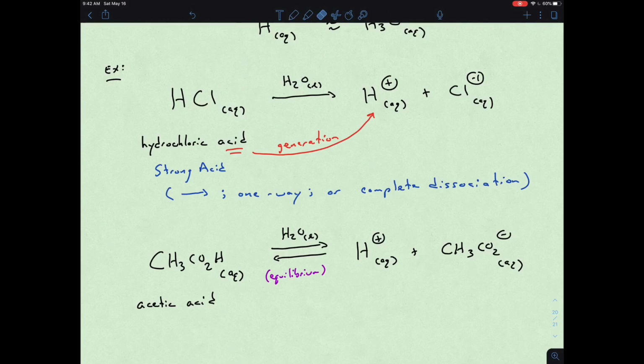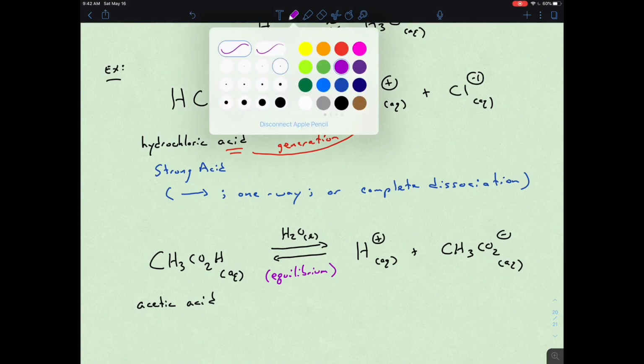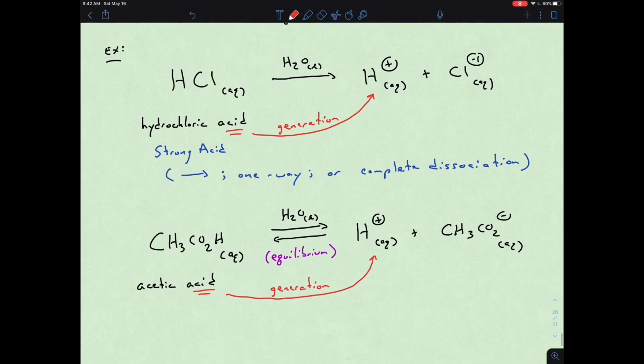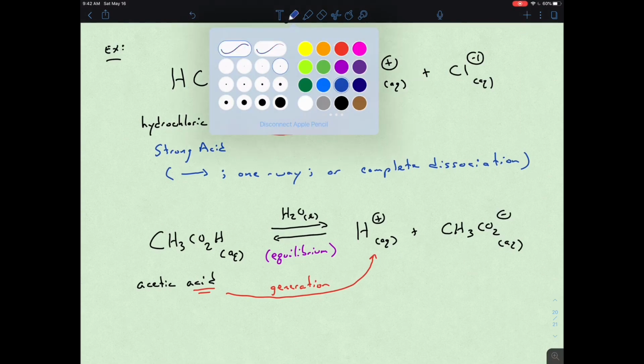It's a bit early yet for us to be getting into equilibria, but here's at least a brief introduction. So again, we're talking about acetic acid. It is an acid. It does look at the generation of H plus. It's just a weak acid.